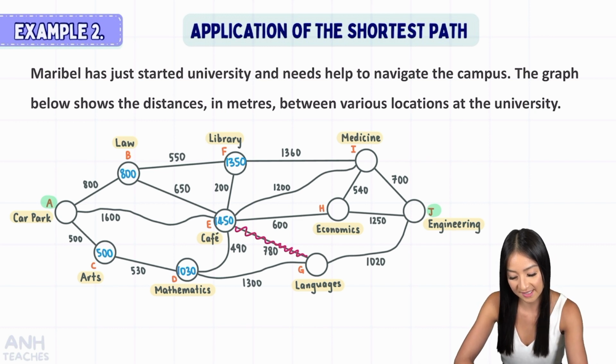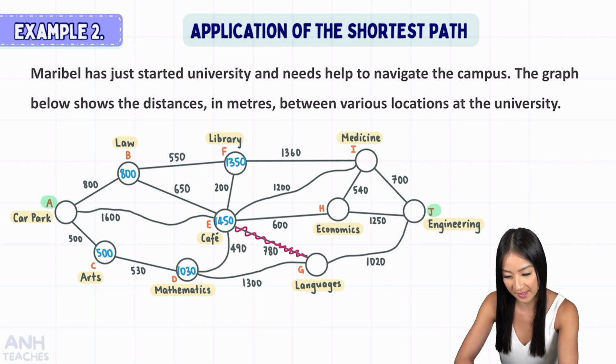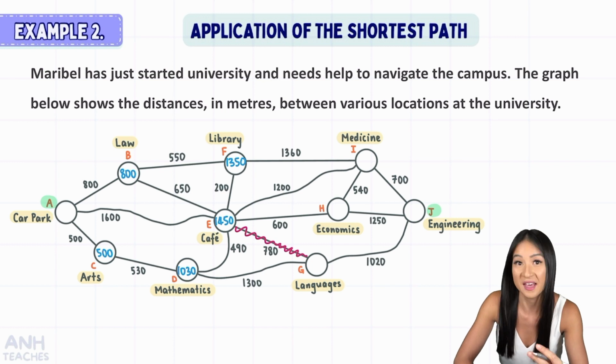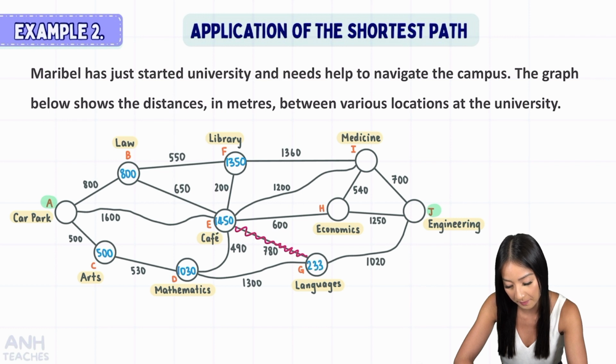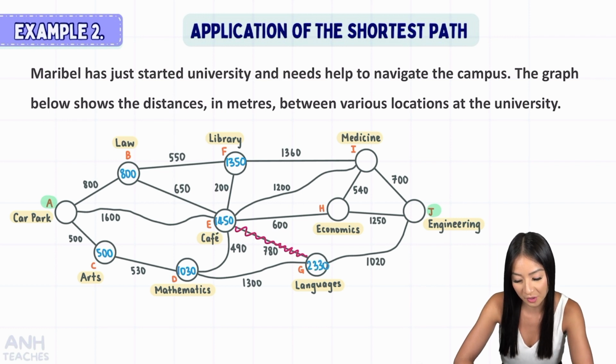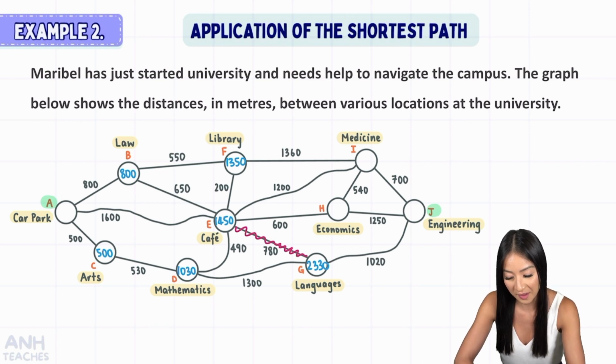I'm going to start with vertex G and I'm going to add 1,300 to 1,030. That is my only option this time. So that's going to be 2,330. Next, I'm going to look at vertex H from E. So 1,450 plus 600 is 2,050.